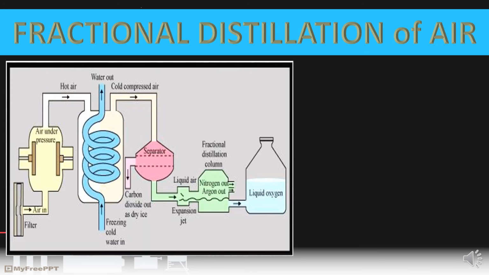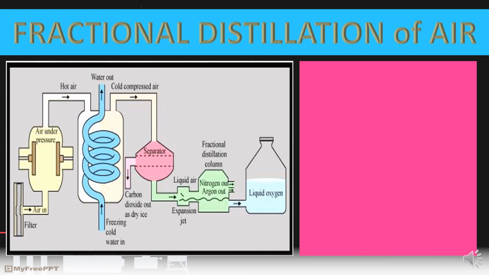Let us now see how air can be separated into various components by fractional distillation. Firstly, the air is filtered to remove impurities, and then this pure air is compressed under high pressure, and then it is cooled by passing through a cold chamber.